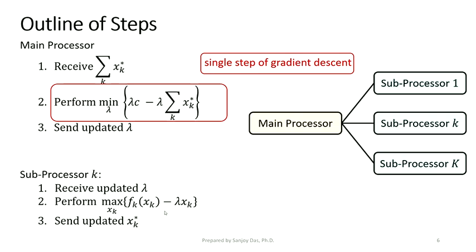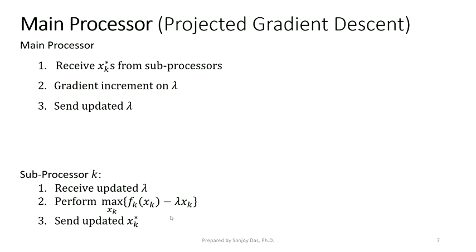But if the change in lambda is small, then these processors will require maybe just 1 or 2 iterations. So that's why lambda should not change dramatically, which is why we just apply a single step of gradient descent here. This is what the main processor does, and this is what the subprocessors do. Here, I've just replaced that minimization with respect to lambda with a single gradient increment on lambda.